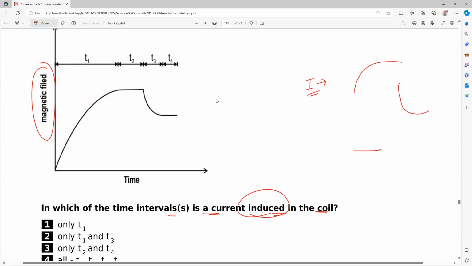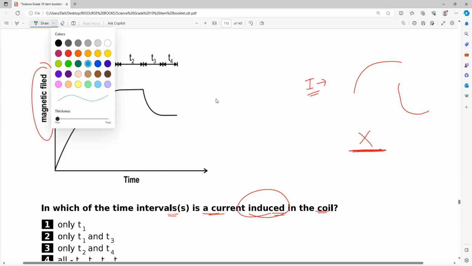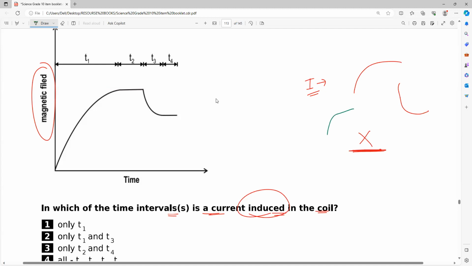If you see a constant graph, then no current is induced. Wherever you see an increasing or decreasing graph, it indicates that current is induced. If you see a parallel graph, then no current is induced.